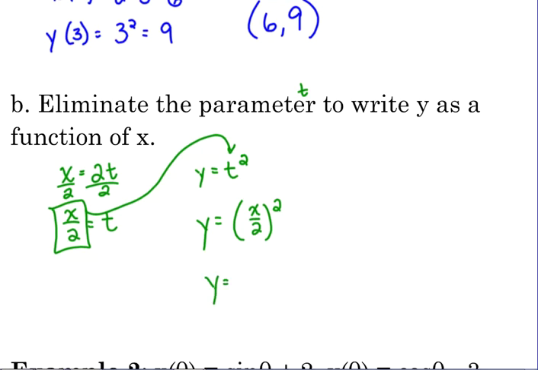So y is equal to, square the top, square the bottom, x squared over 4. We have eliminated the parameter, and we have written y as a function of x. X is now the variable in the y equation. All right? Simple enough, right? Questions?